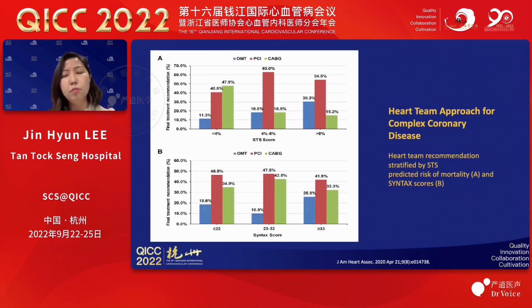There was no correlation between medical therapy, PCI, or bypass recommendation and the SYNTAX score, but really it's the STS score. As it goes up from low, intermediate, to high operative risk, there were trends where patients going for bypass decreased and were treated medically. So these are the complex anatomy patients that are shunted to high-risk PCI as a function of other comorbidities.